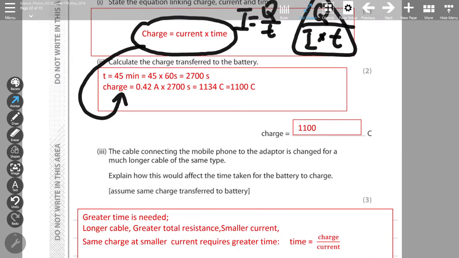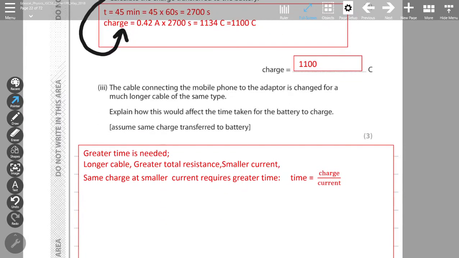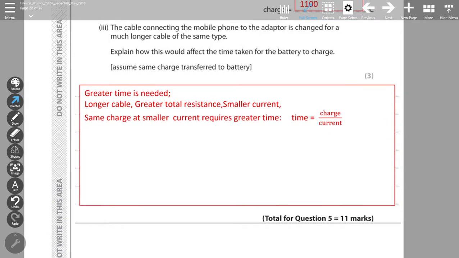Here we refer to our triangle. If we need to know the time, we cover time and we see that it is charge divided by current. Time equals charge divided by current: smaller current, greater time.